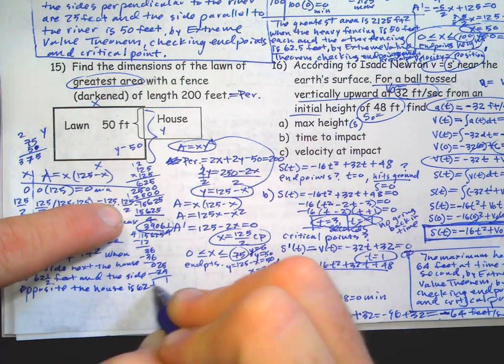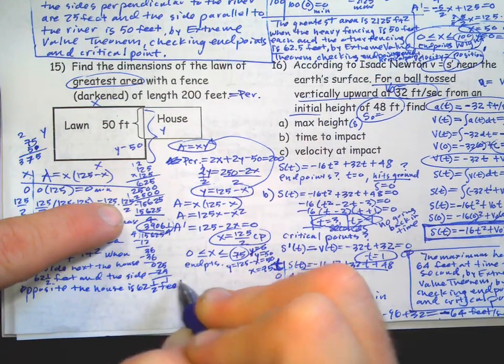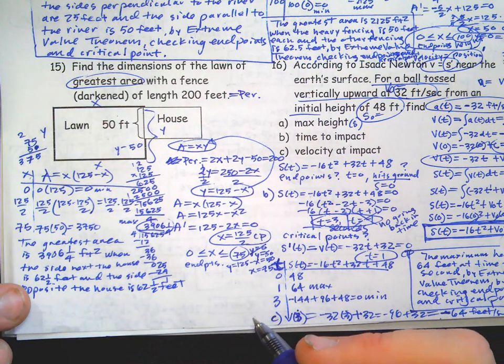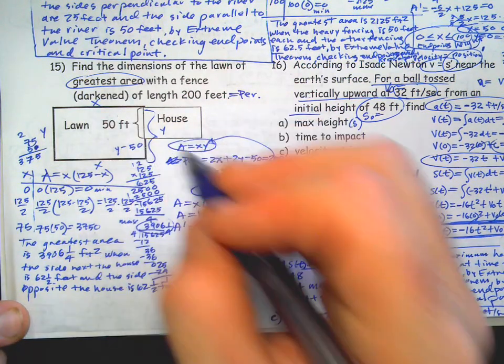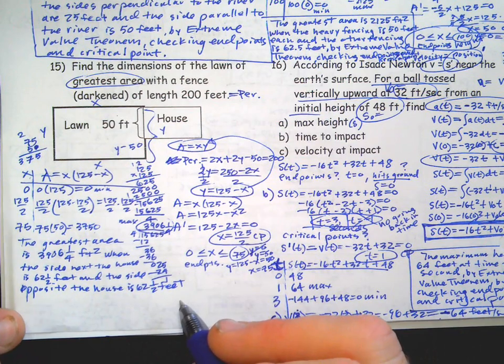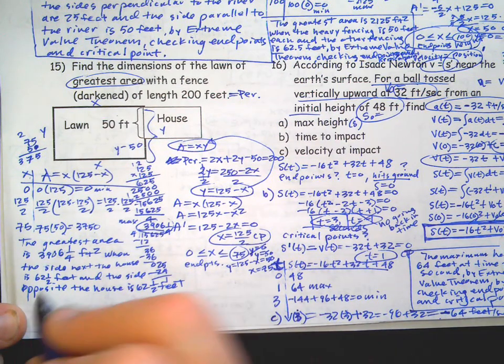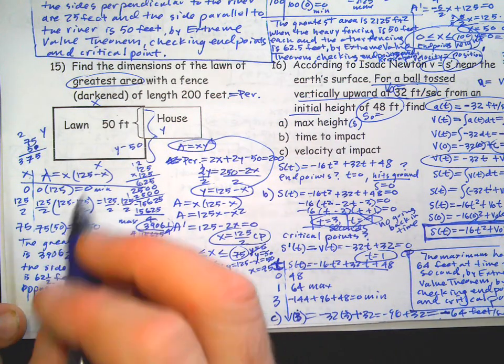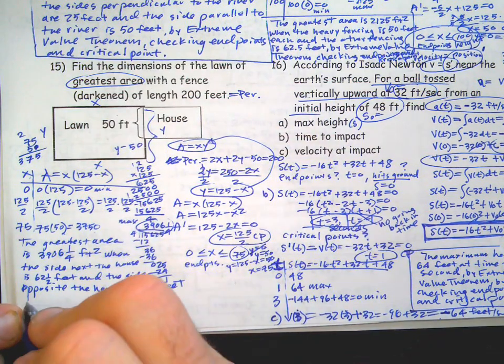Wow, that's kind of interesting. 62.5 feet. That little side right there is going to be 12.5. But I think that's the dimensions.